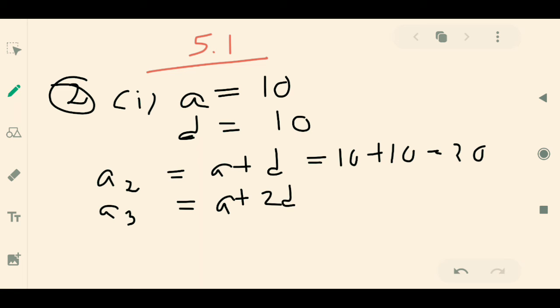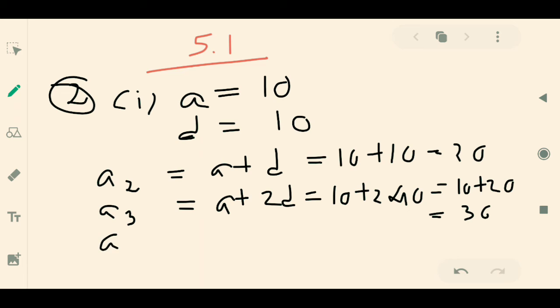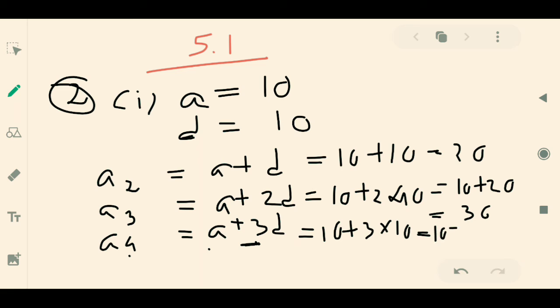That means A is 10, 2 into 10, 10 plus 20, it is 30. Then A4 is A plus 3d. That is the A plus (n minus 1)d formula, here n is 4, so 1 less. So 10 plus 3 into 10, that means 10 plus 30, it is 40.